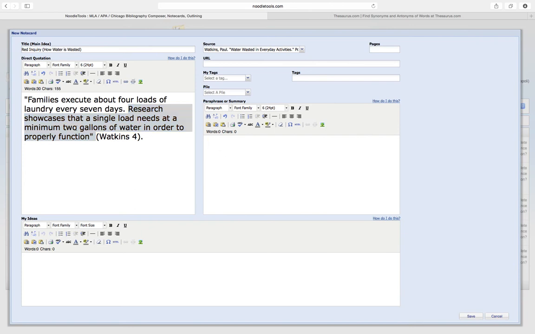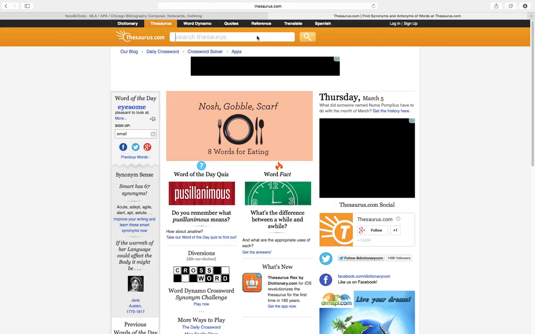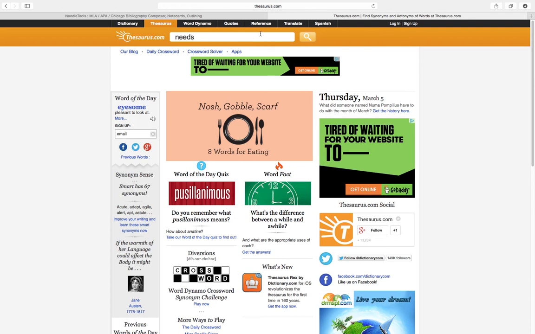So instead of saying a single load, I'm going to type 1 load of laundry. Because if I'm starting off my paraphrase here, if I just say 1 load requires 2 gallons of water, 1 load of what? So 1 load of laundry. Now, needs. So let's go to thesaurus.com. I'm going to type in needs.